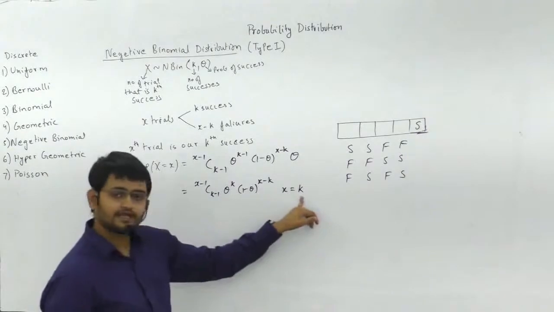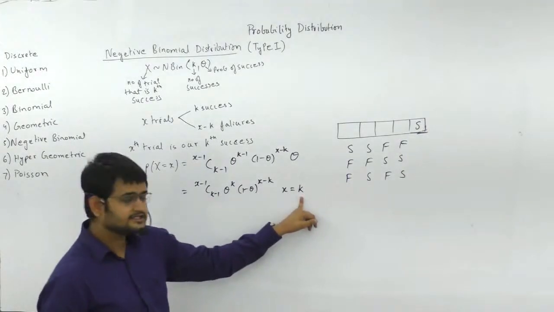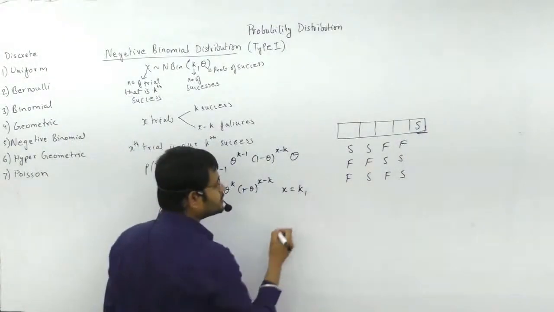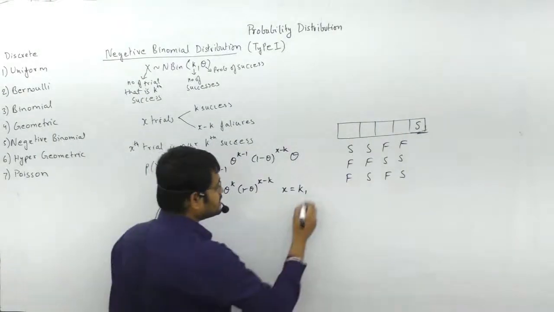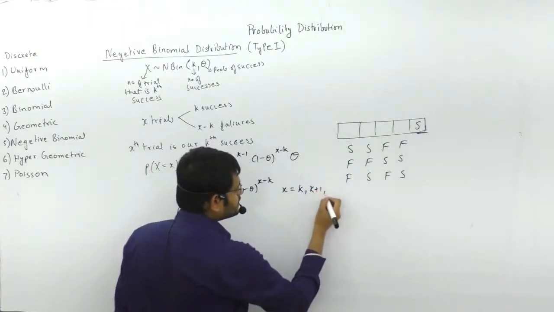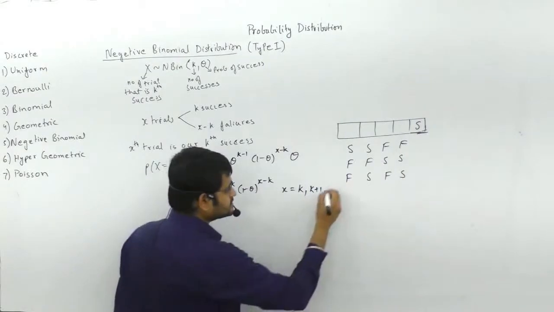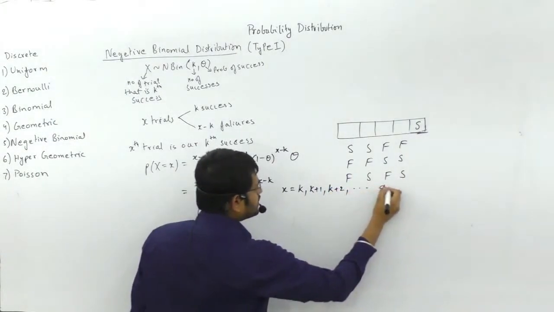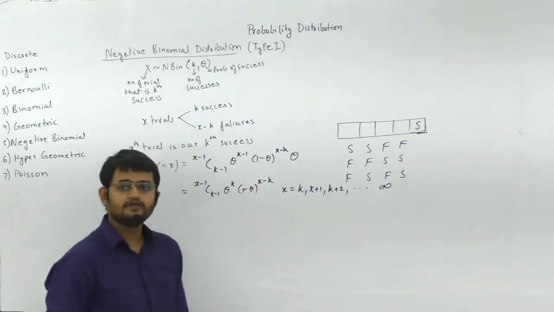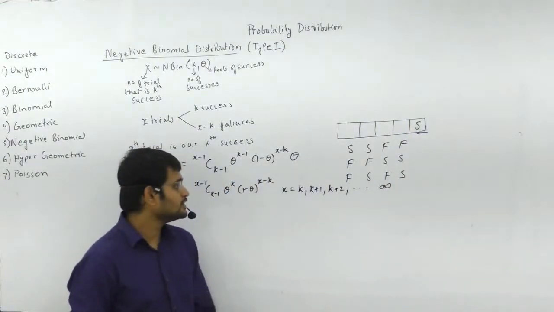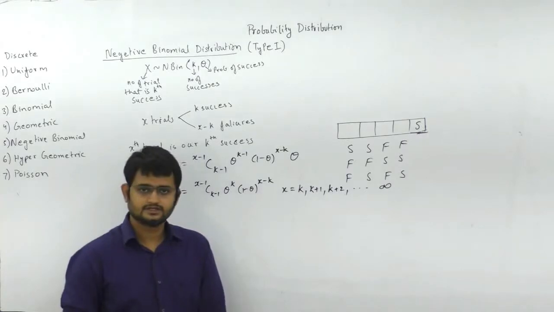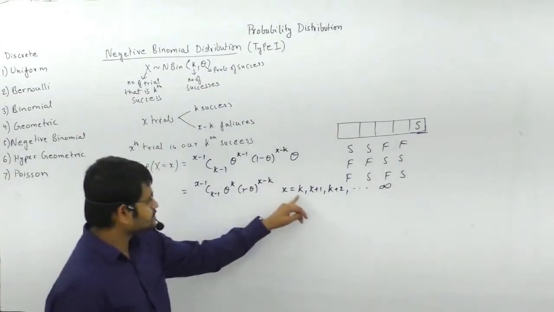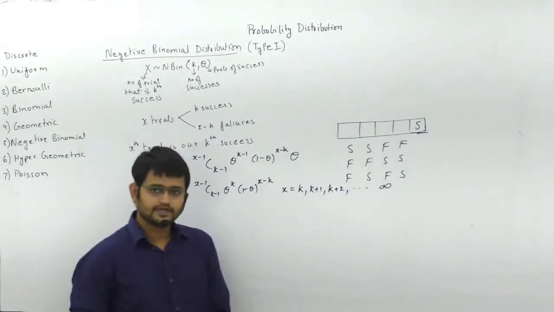So the minimum value of x would be k, or it can be k plus 1, that means 1 failure and k successes. I can have k plus 2, and so on till infinity. I can have infinite trials to get my k successes. So x goes from k to infinity.